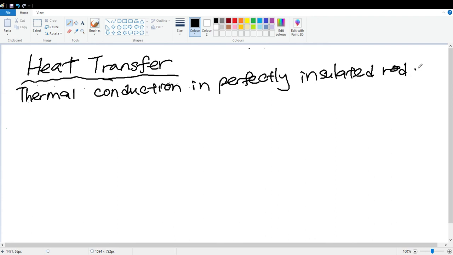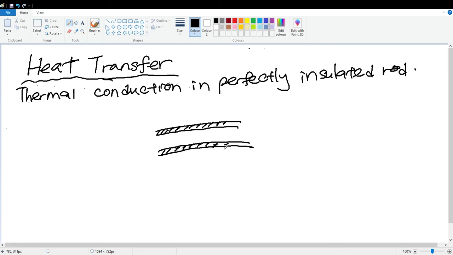So let's say I have a wire. Okay. This is a wire. The outer layer of this wire is actually surrounded by the insulator.